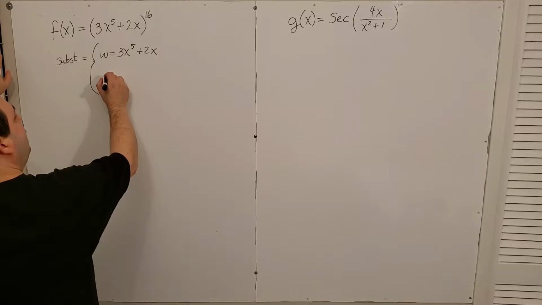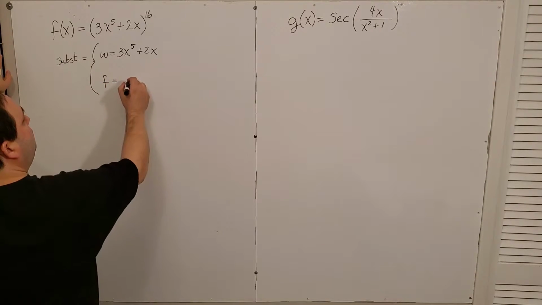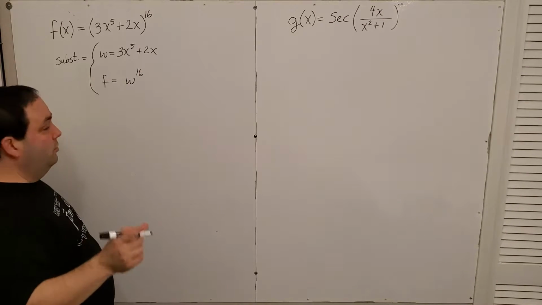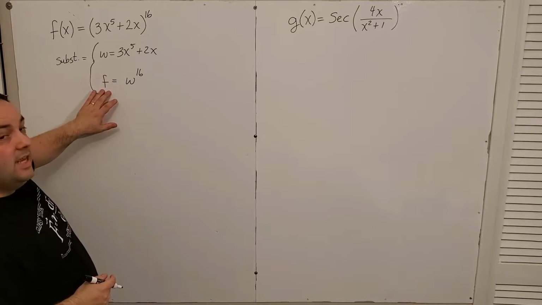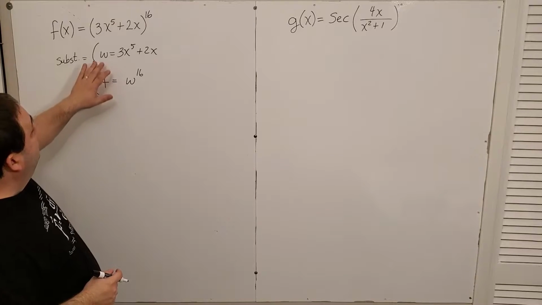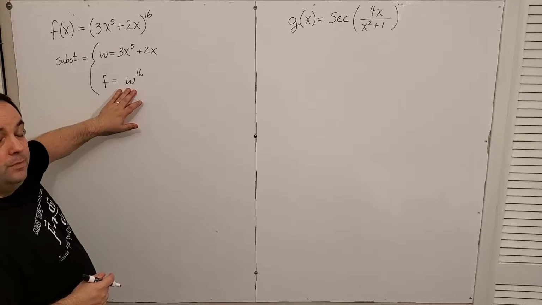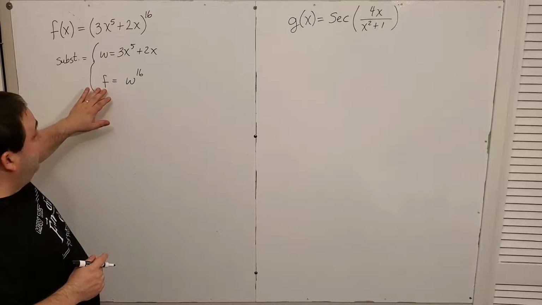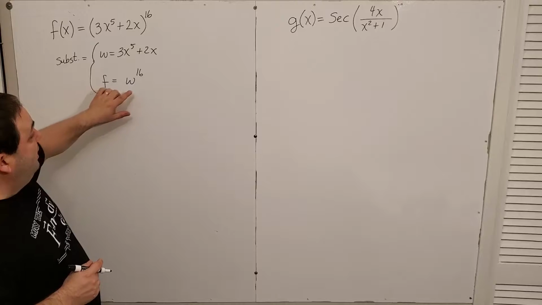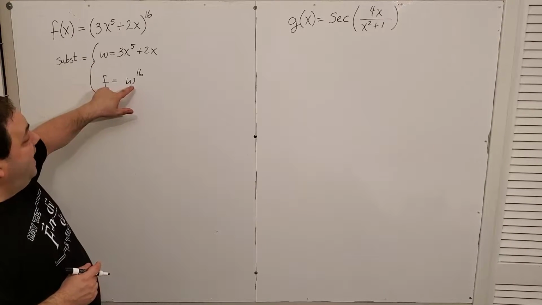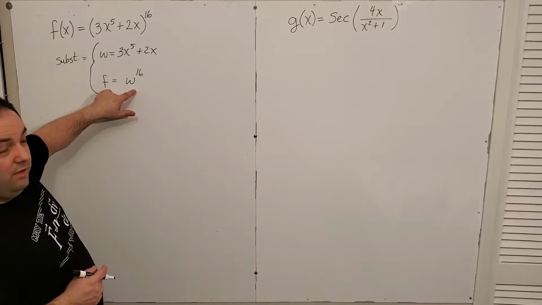And I will then say that f is equal to w to the 16th. So notice I didn't say f of x anymore, right? w is a function of x, and f is a function of w. That still means that f is a function of x, but it now has the middleman, right? f is a function of x because w is a function of x.